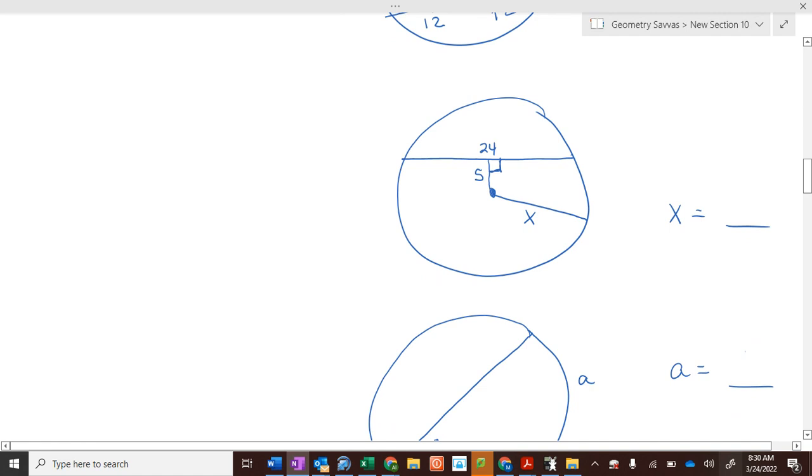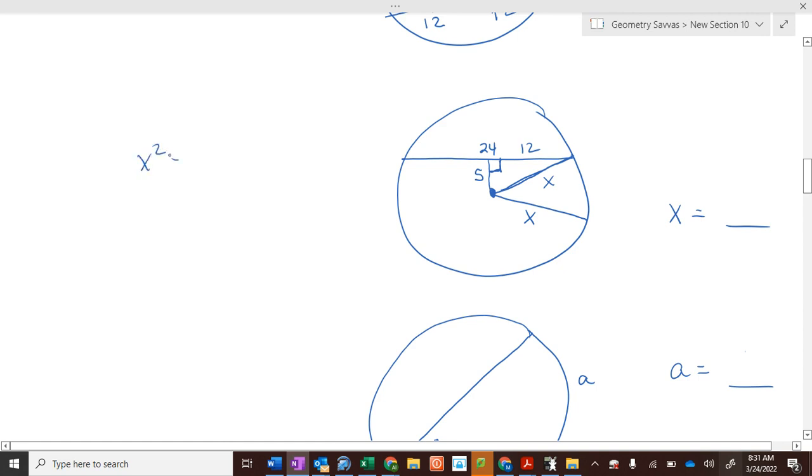How do you figure out x? Yeah, Pythagorean theorem. So we draw x right there, because every radius of a circle is the same length. So no matter where you're at in the circle, the radius will always be the same length.